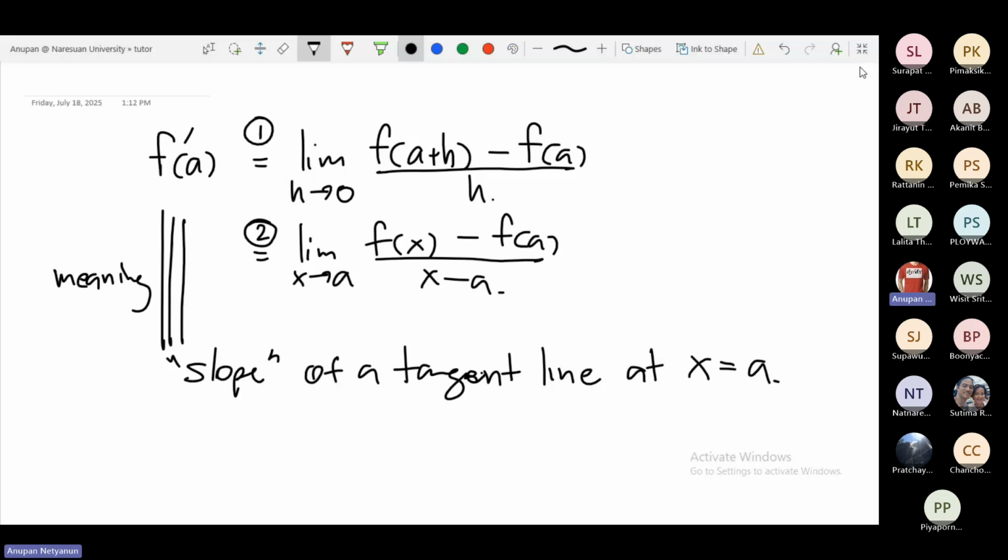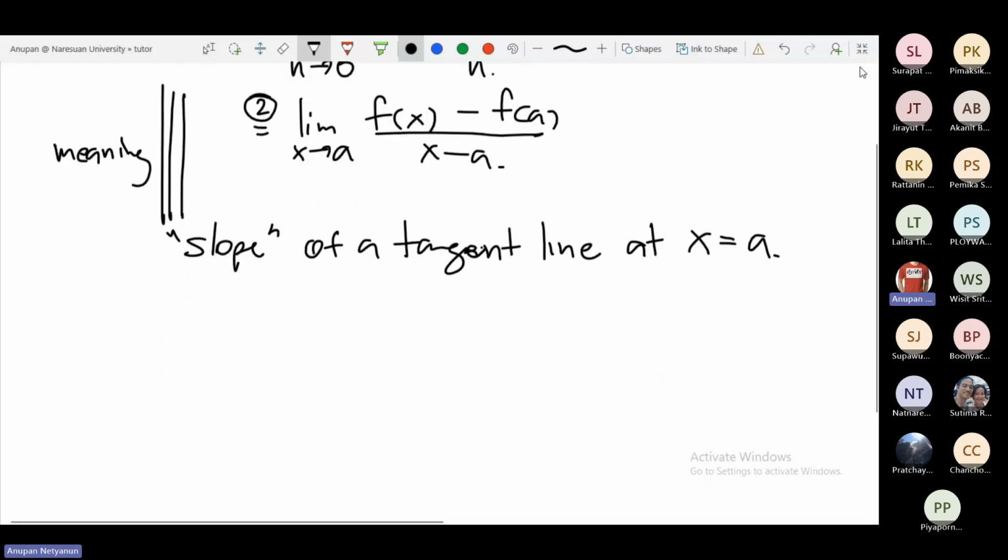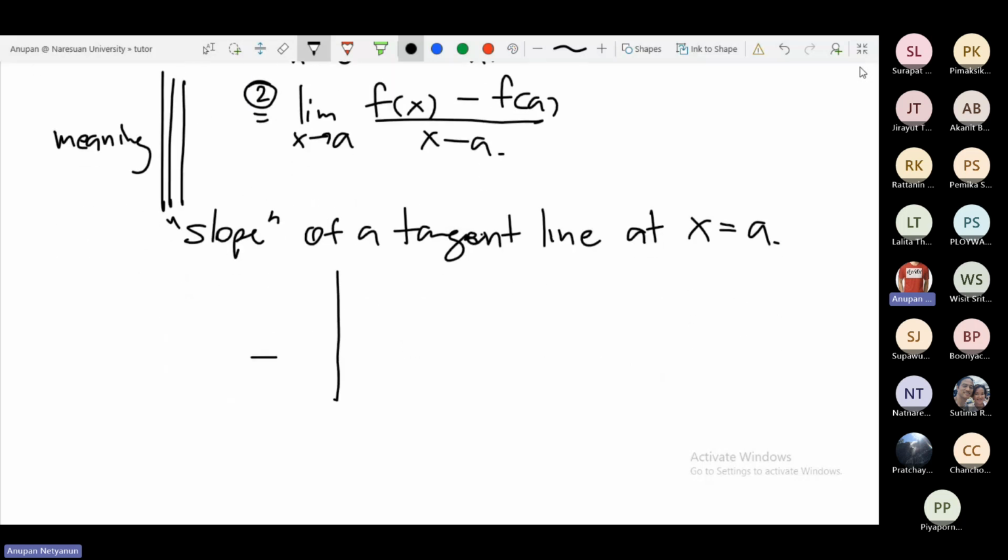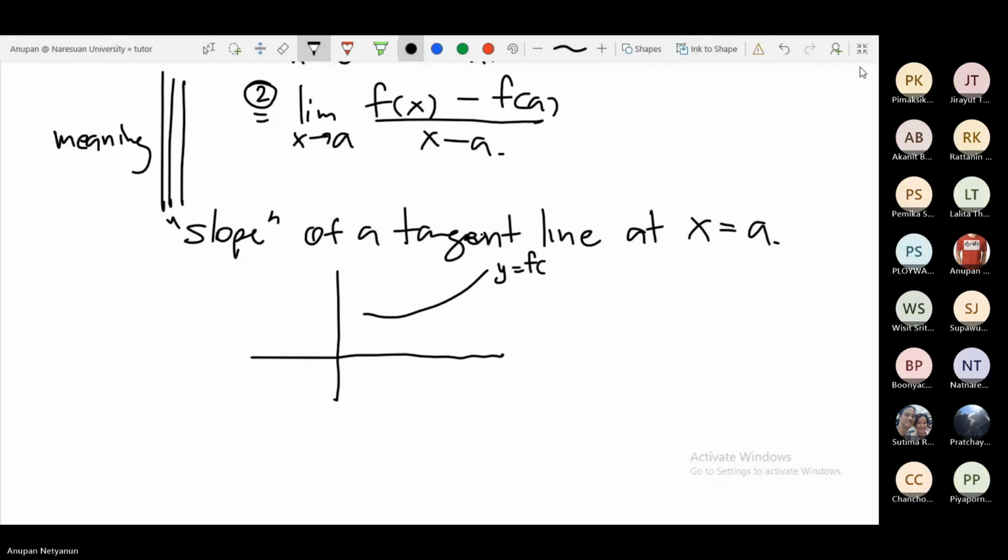Okay, if we draw a graph to show you, let's say you have f of x to be this graph. If you consider x equal to a, and you draw the vertical line to hit your graph, let's say it hits at this point, and you can read the y value. It's the same as you plug a into your function, replacing x with a. Your y is going to be f of a.